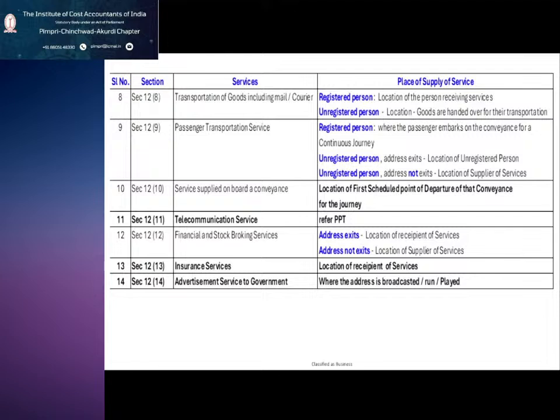The location in each of such states is the place of supply of service. The value of such supplies to each state shall be in proportion to the amount attributable to service provided by way of dissemination in the respective states. So how we can bifurcate proportionately, we need to identify here.